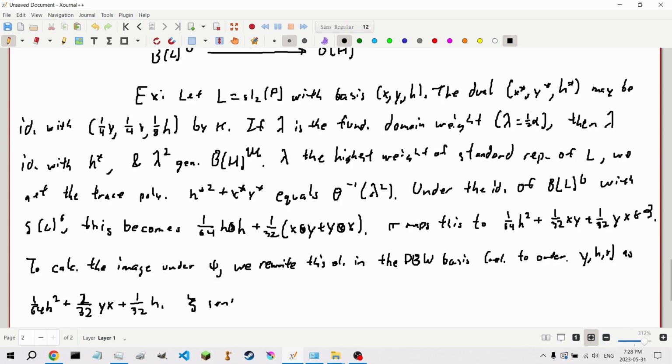C sends this to 1/64th of h squared plus 2h, and then eta to the Weyl invariant 1/64th of h squared minus 1.